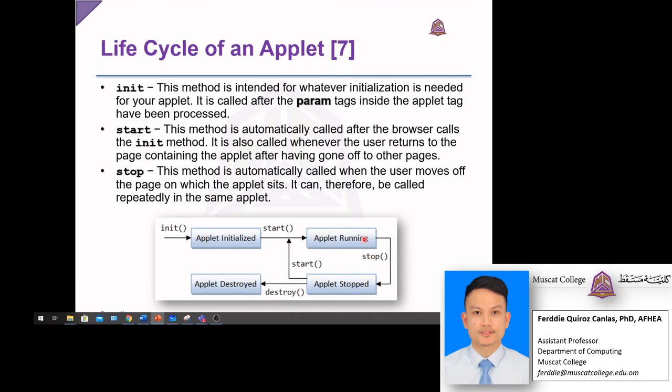When you write data in a text box or an HTML form, the applet starts running. During running time, an applet could send data to the servlet, and the servlet processes it and sends it to the database or a file server, depending on the setup in your company. When the processing is finished, we stop the applet, or even destroy it. You have to remember, you cannot destroy an applet unless it is stopped. You have to stop it first before you can destroy it.